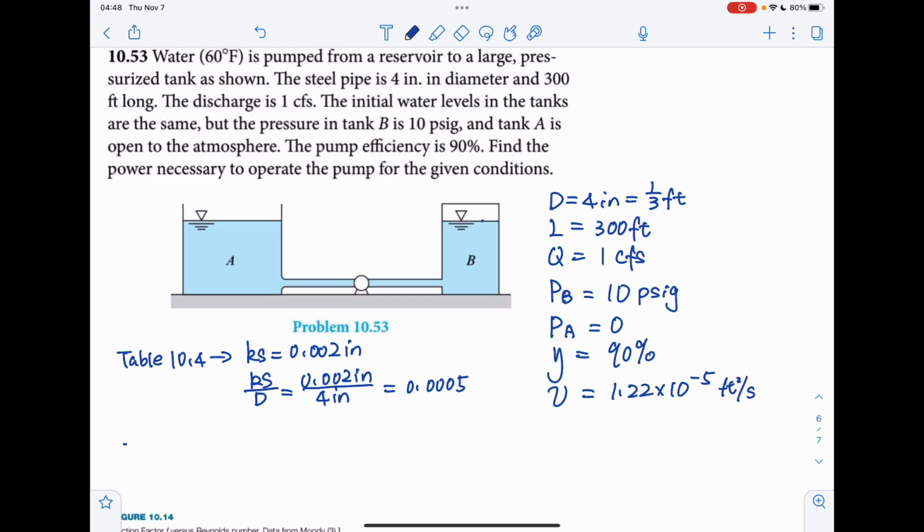And from table 10.5, we can find the head loss coefficient Ke, from the tank to the pipe, which is 0.03.